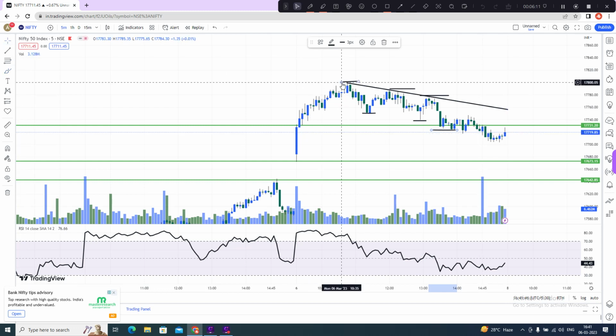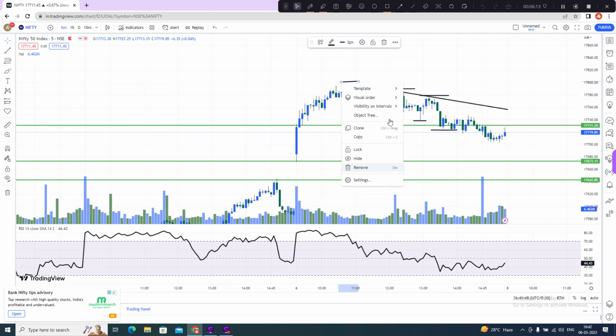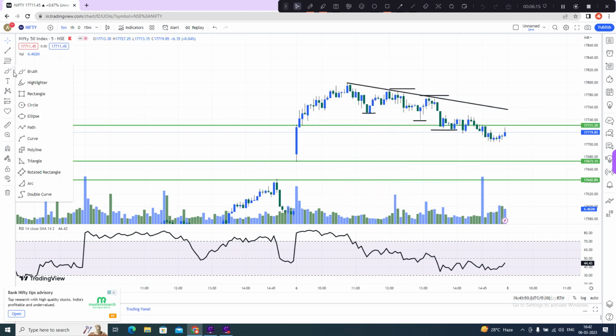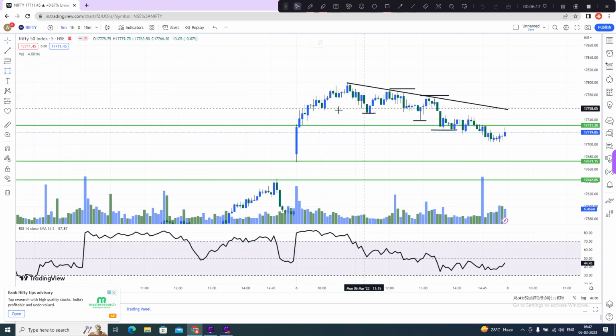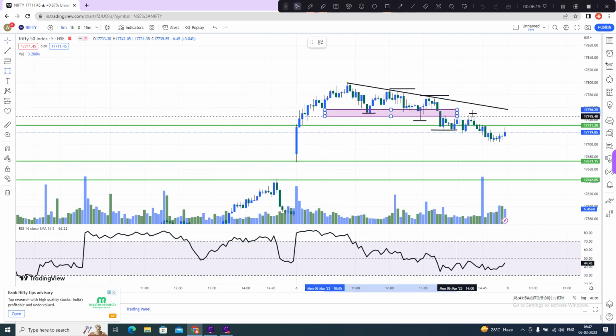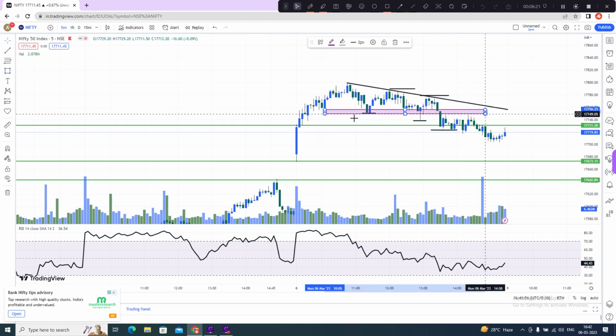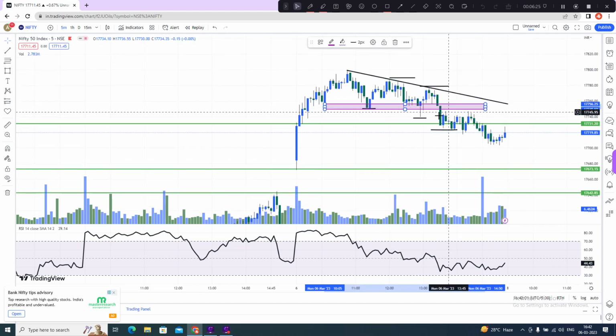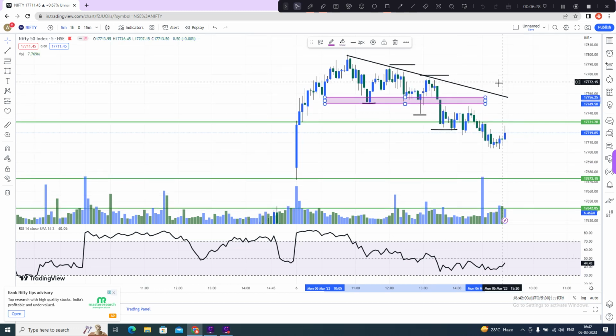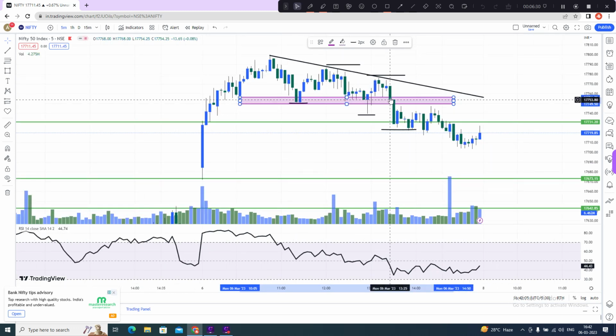An entry in the second half would have been, if somebody had seen this zone here. This zone was acting as a support zone. If somebody wanted to enter early, he could have entered at the closing of this candle.